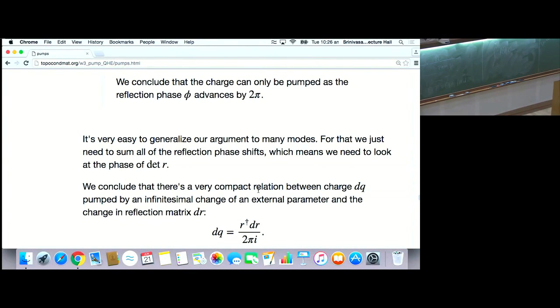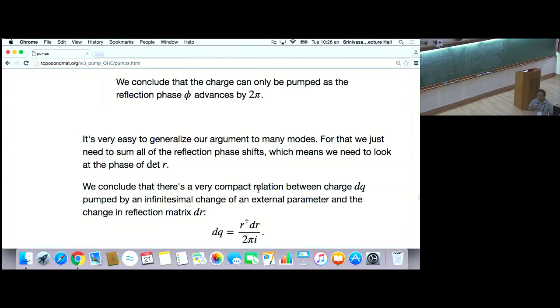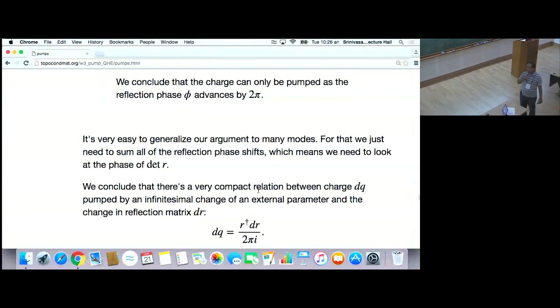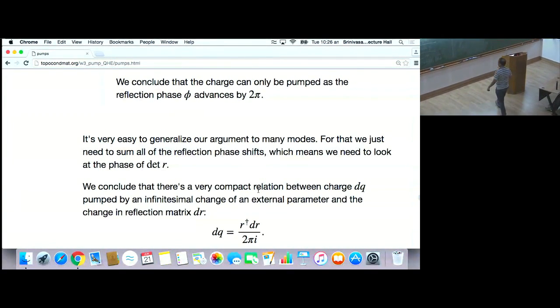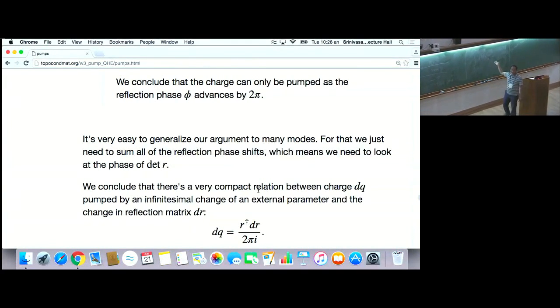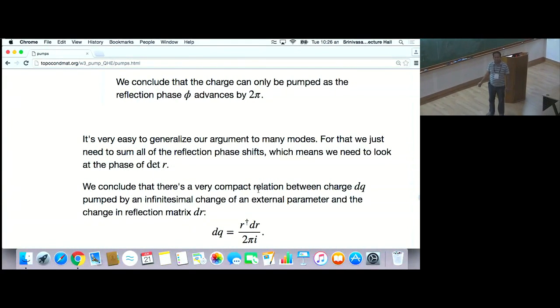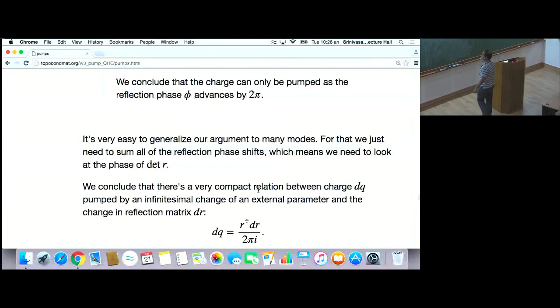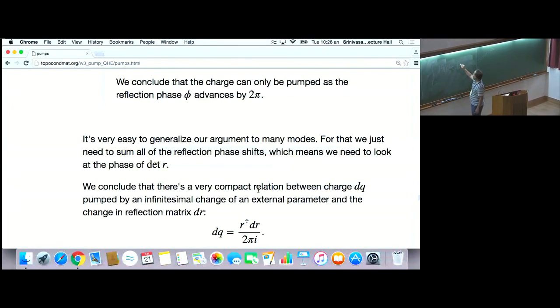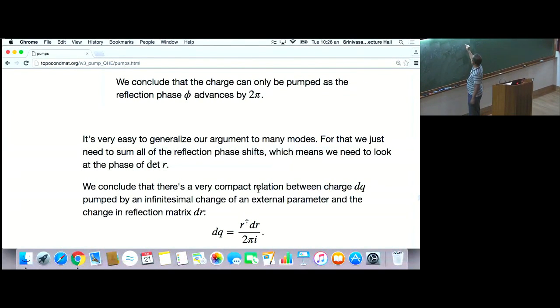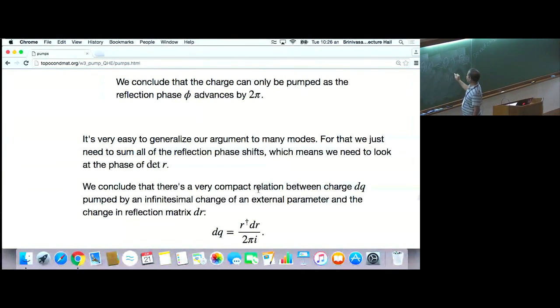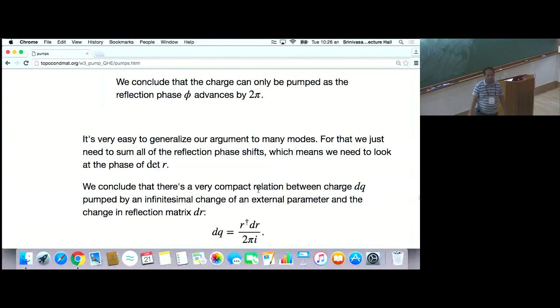Any guesses? 2n pi? Yeah, absolutely. So basically, this is just theta of T minus theta of 0. Maybe it was too simple a question. And this is 2 pi times some integer. Right? So this phase winding has to be 2 pi times some integer. Okay.